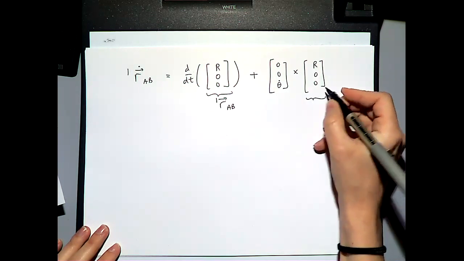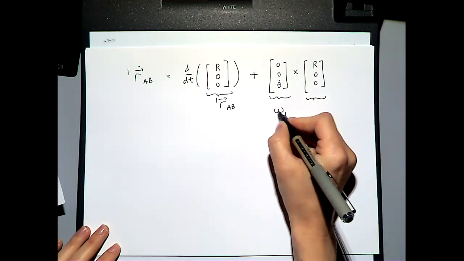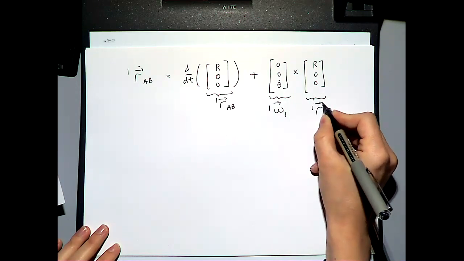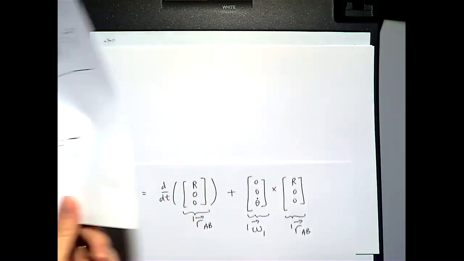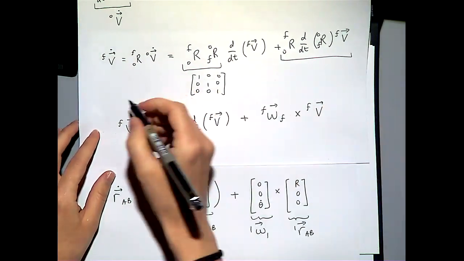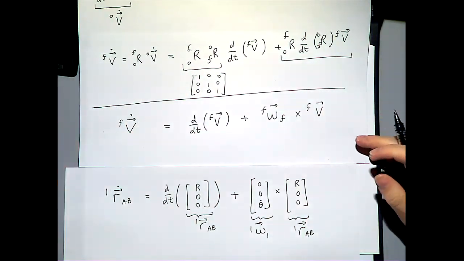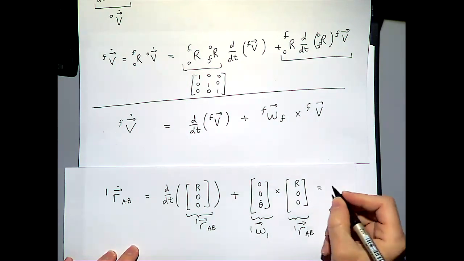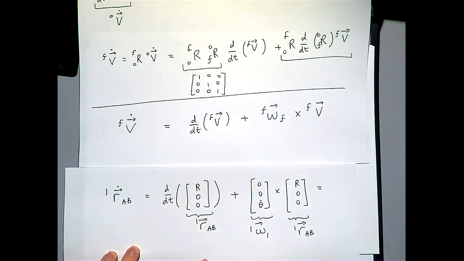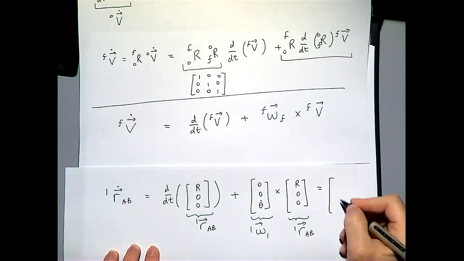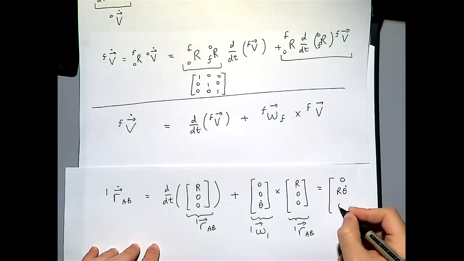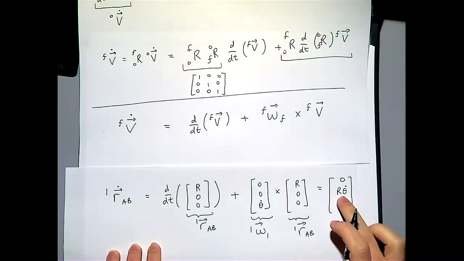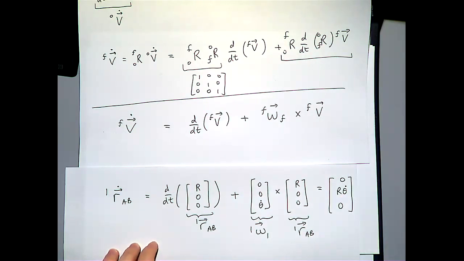So that's omega 1 in frame 1, and that's RAB in frame 1. Maybe compare to this formula. I just substituted, okay? And the result here, because this is all zeros, is r theta dot, which means r theta dot along the y1 component.